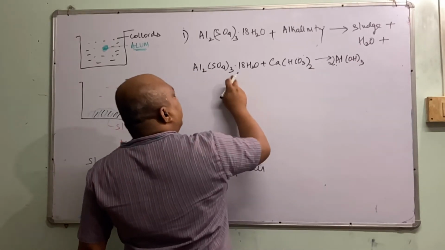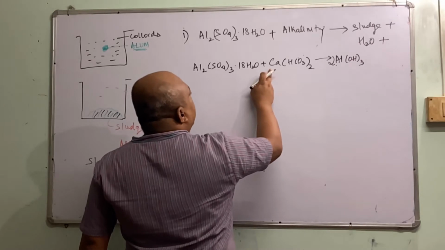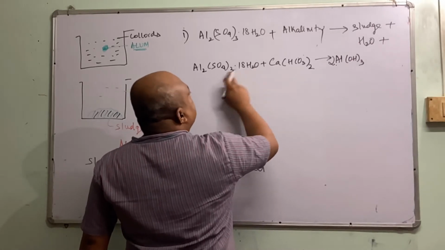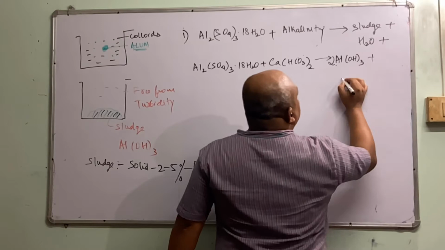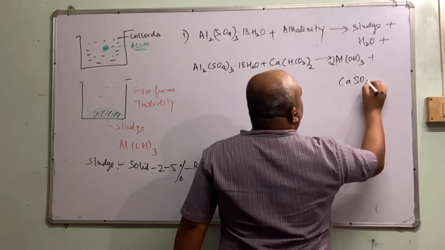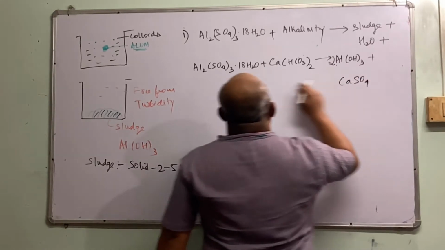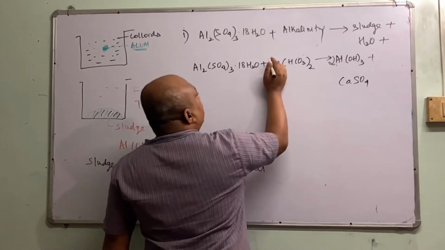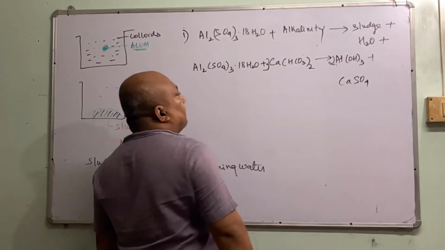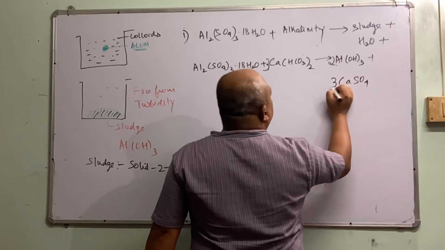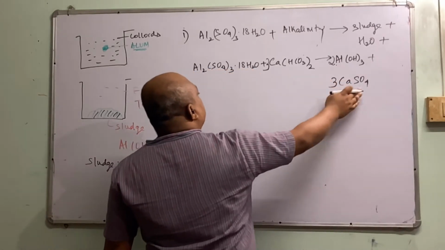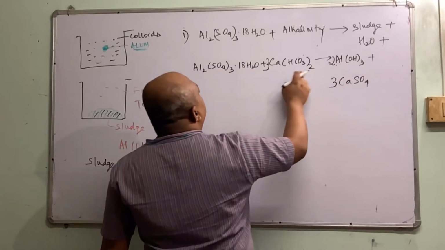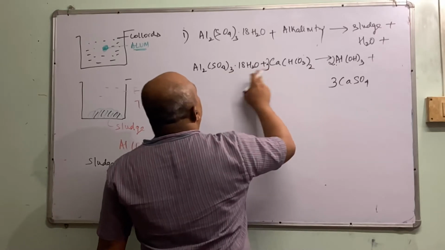Since sulfate is 3, calcium 3 will be there. So this will be tricalcium sulfate, and then aluminum hydroxide will be there.